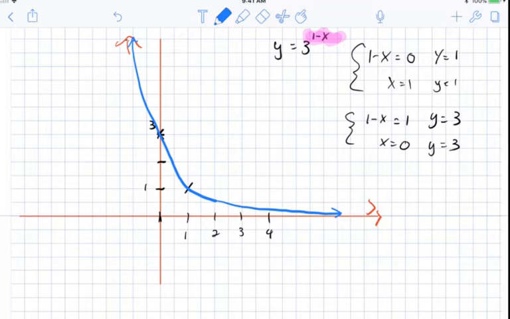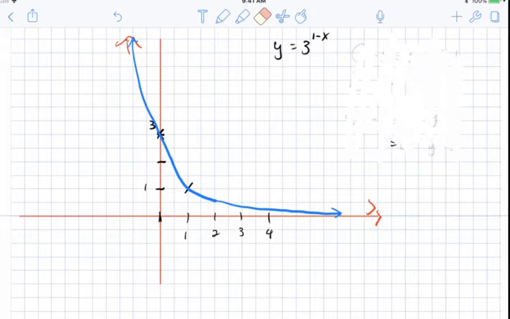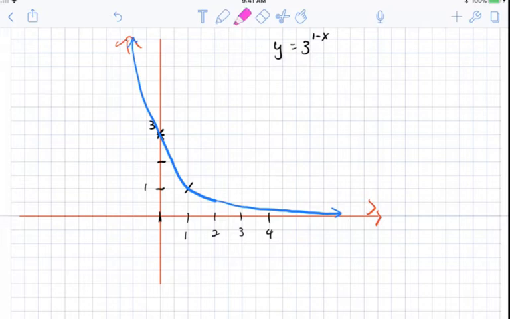I can answer that question by rearranging my equation. I want you to remember that the base can be any positive value, and that means it can be less than 1. I can write this expression as 1 to the x times 3 to the minus x if I want.